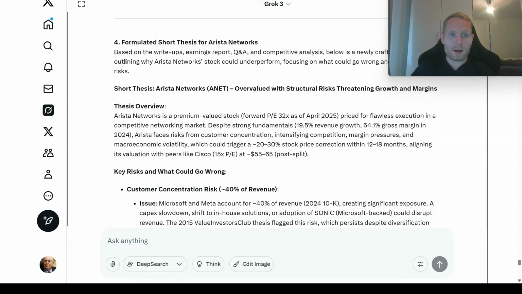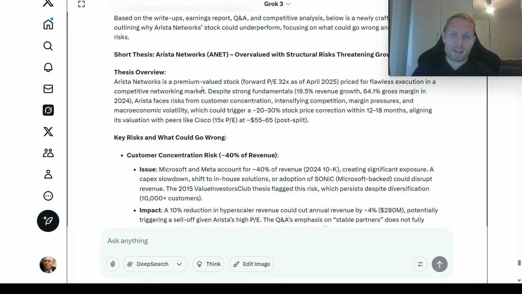And then we have our formulated short thesis for Arista based on all of the information gathered in this deep dive. And this is something we definitely have to go over before making the decision to pull the trigger or not.